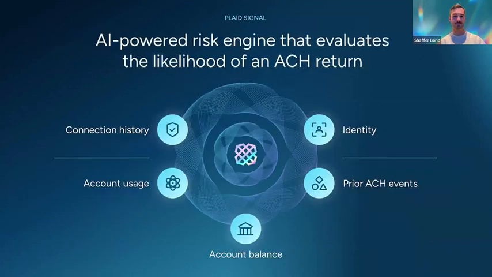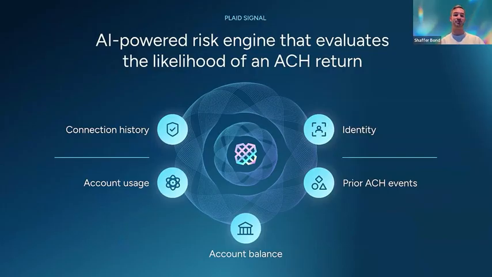So at a high level, Signal evaluates over 1,000 features across 5 categories: connection history, account usage, identity, prior ACH events, and account balances, and produces a risk indication. How likely is this ACH to come back?